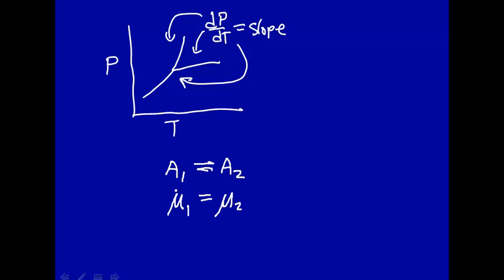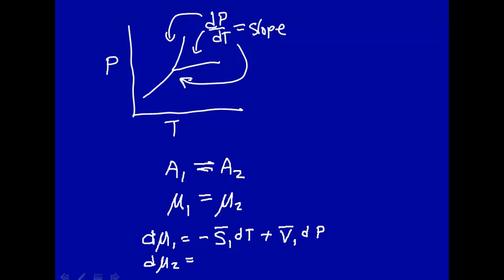We only have one substance, so I don't need to label these as A. We also know from the equivalent of the master equation for chemical thermodynamics that in phase 1, d mu1 is the partial molar entropy of phase 1 times dT plus the partial molar volume in phase 1 times dP. And you can write a similar equation for phase 2.